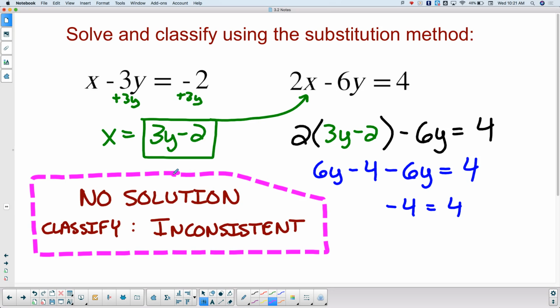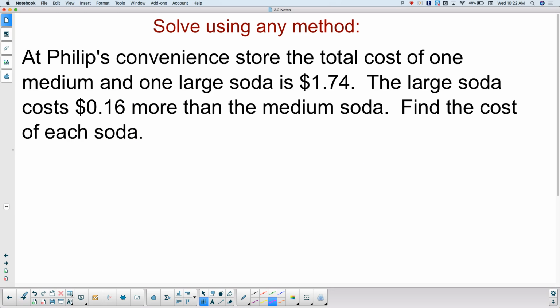If it were an infinite solutions case, if that last line had been a true statement, then what would my classification have been? Consistent and dependent. Yep, exactly. Okay? All right, so classifications: if it meets at a point, consistent and independent. If there's no solution, it's inconsistent. If there's infinite solutions, it's consistent and dependent. Okay?